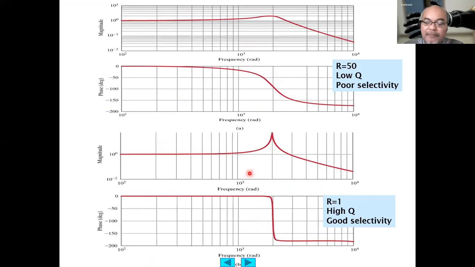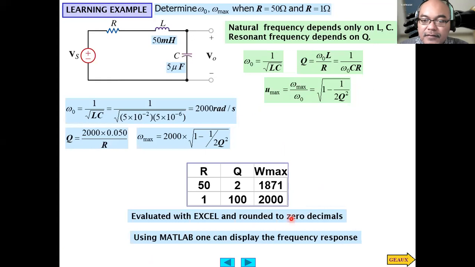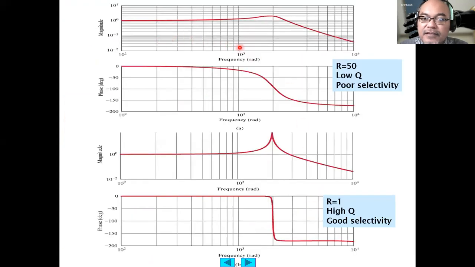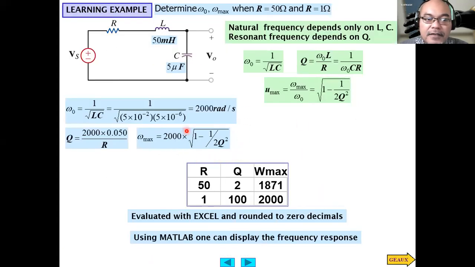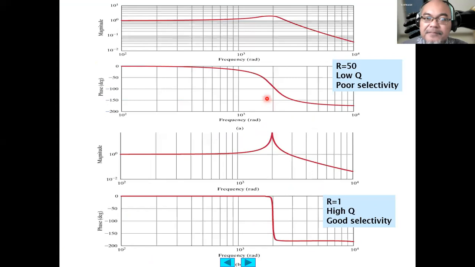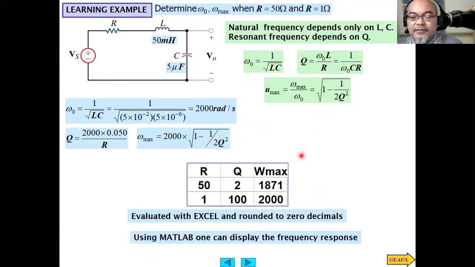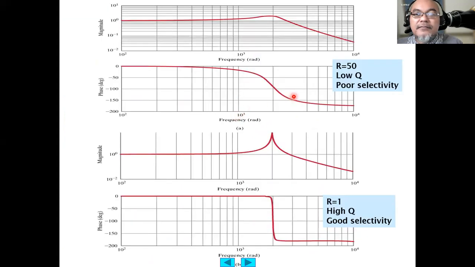So this is using MATLAB when we want to display the frequency response as a function of frequency. So we plot it as a function of omega. And this is at R equals 50 ohm. So we know that omega 0 is 2000 radian per second.